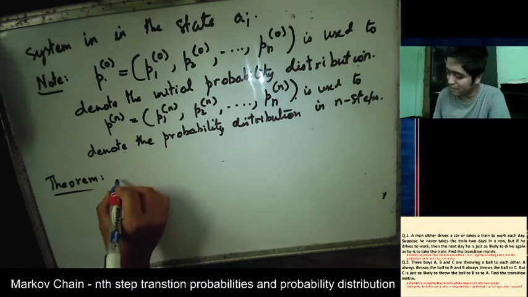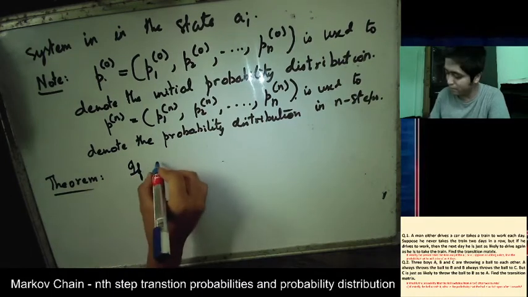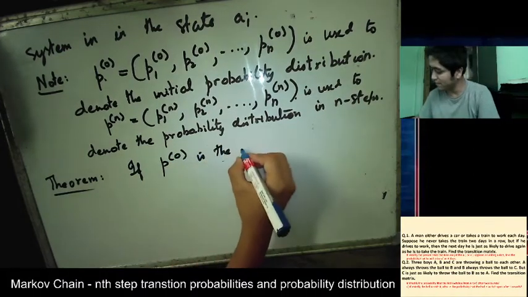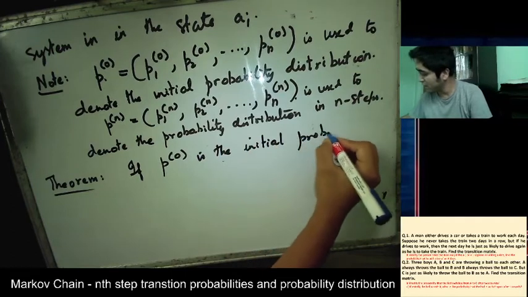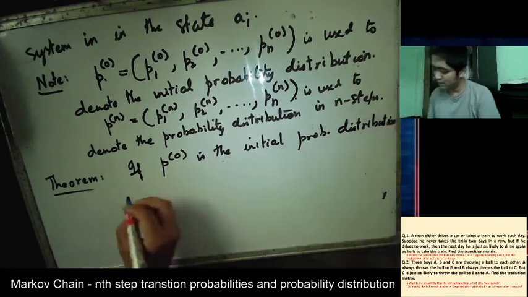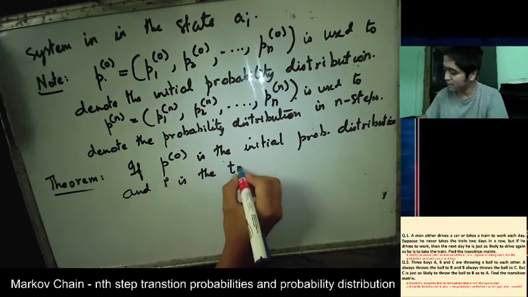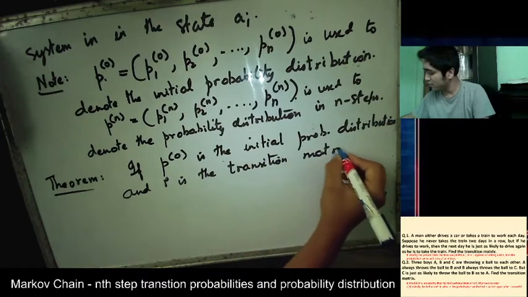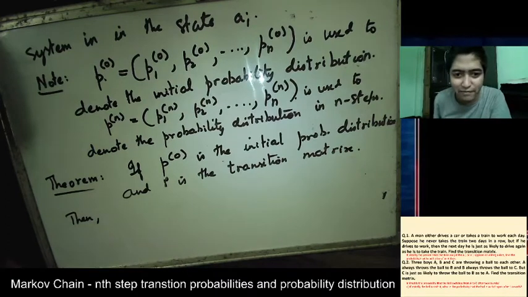If P0 is the initial probability distribution, and P is the transition matrix, then what can we have?